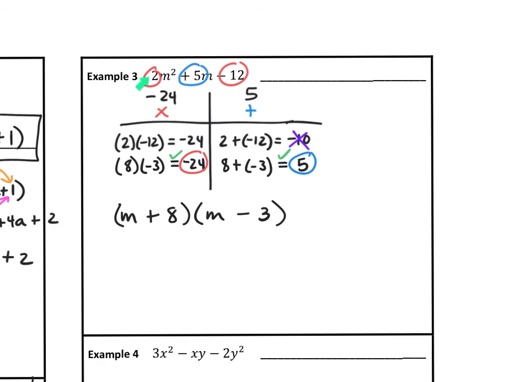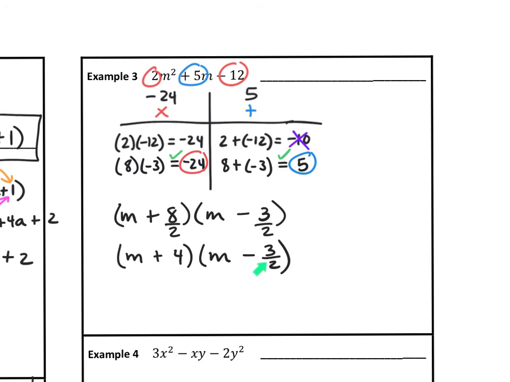So remember, we're going to take this 2 and divide it out among the numbers. Well, this one works out nicely because 8 divided by 2 is 4. And can I divide 3 by 2? No, so I'll leave it.